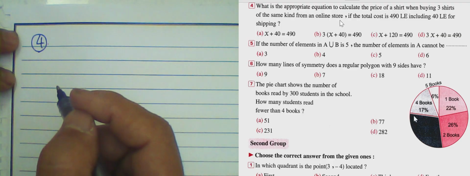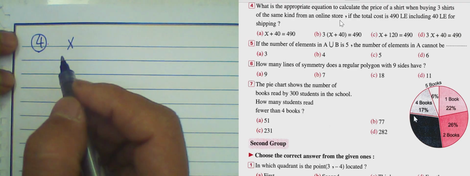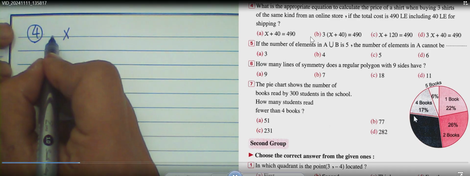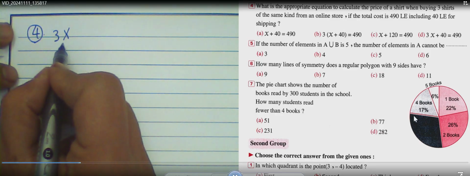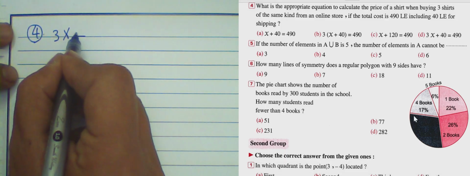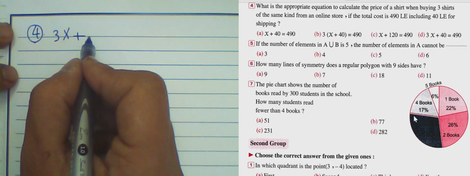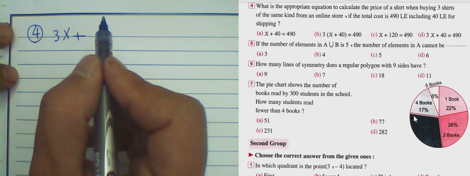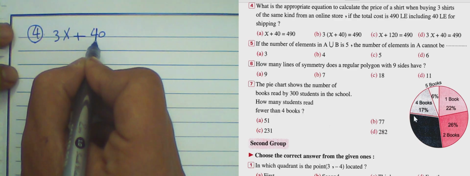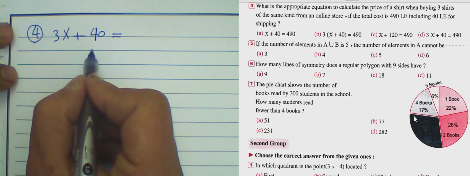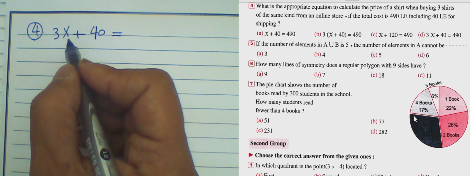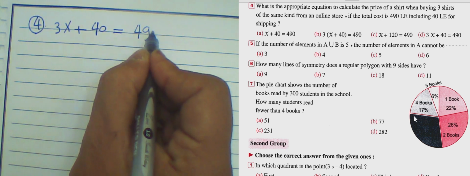Then the price of 3 shirts will be 3x. If the total cost is 490, including 40 Egyptian pounds shipping, we have 40 plus 3x equals the total money, 490. Then the equation will be 3x plus 40 equals 490.